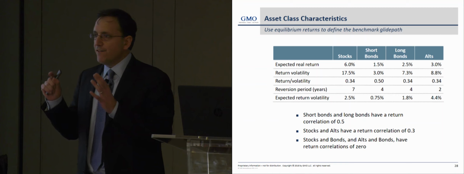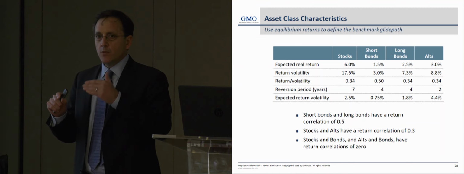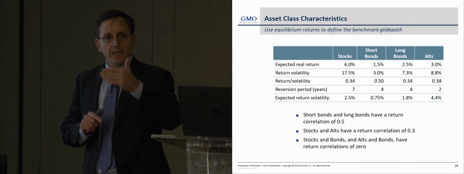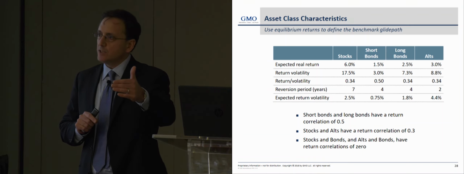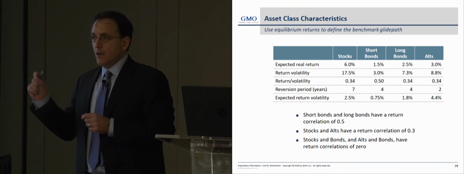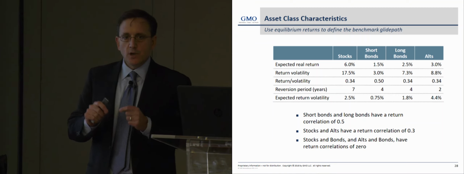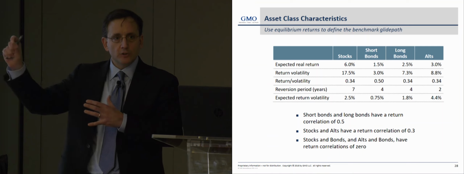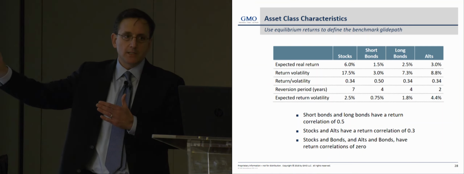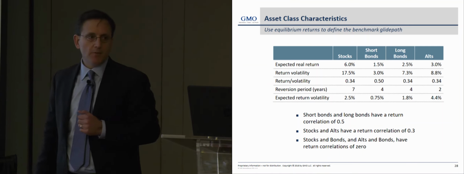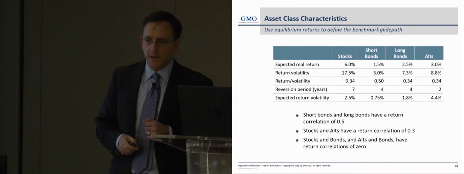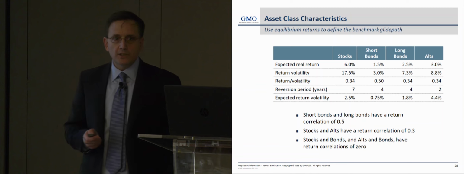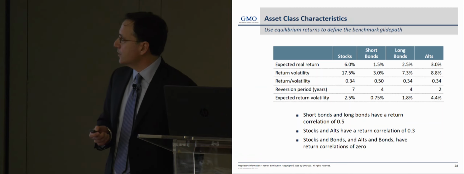So while we have very strong confidence in the long-run expected returns that we're going to get from stocks because we have confidence that capitalism is going to hold, for these alternative strategies, we have less confidence in our assessment of their future returns as the horizon increases. And that's being captured by that 4.4% expected return volatility. Then we make some reasonable assumptions about what the correlations are.